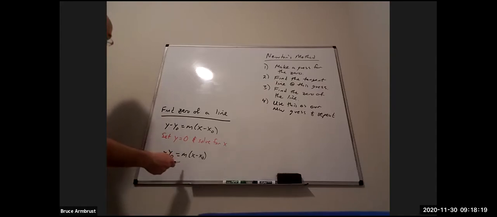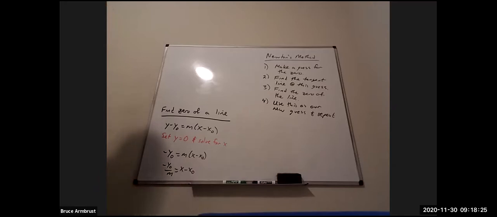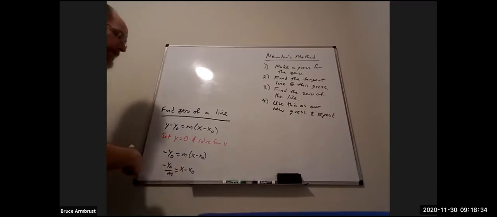I'm going to divide by m, so I get minus y naught over m equals x minus x naught. And the last thing I need to do is add that x naught.